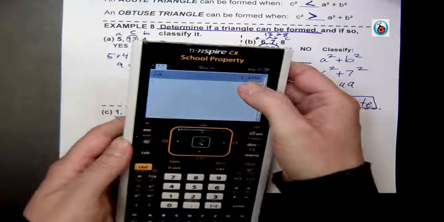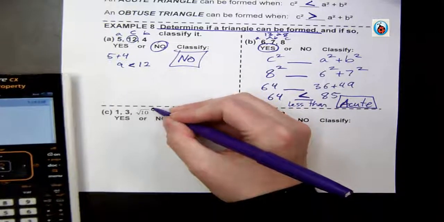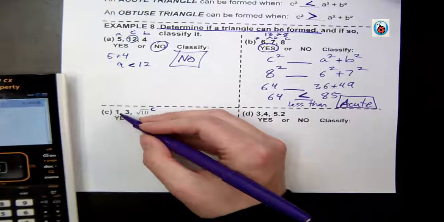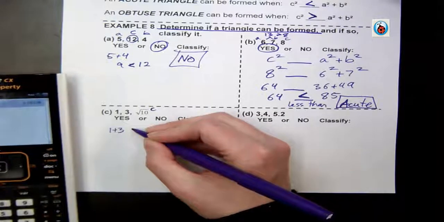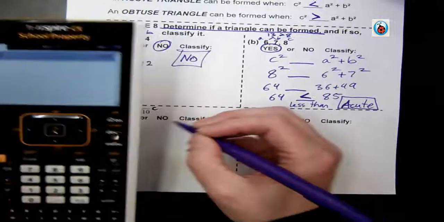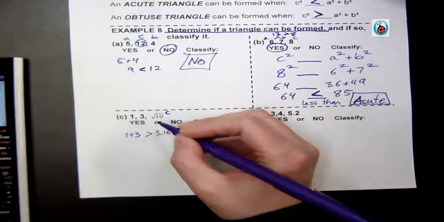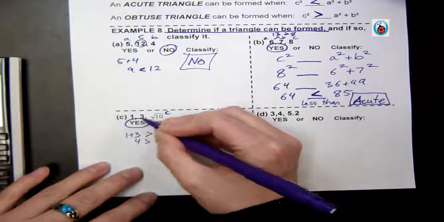Find out that's 3.16, so that is going to be my C. That will be my largest side because it's a little bit bigger than those. So does 1 plus 3, is it greater than my square root of 10, which came out as 3.16? Yes, it is. So 4 is greater than 3.16. And so yes, a triangle can be formed.